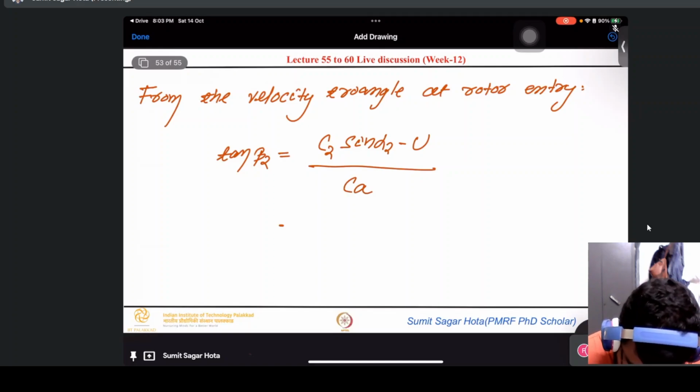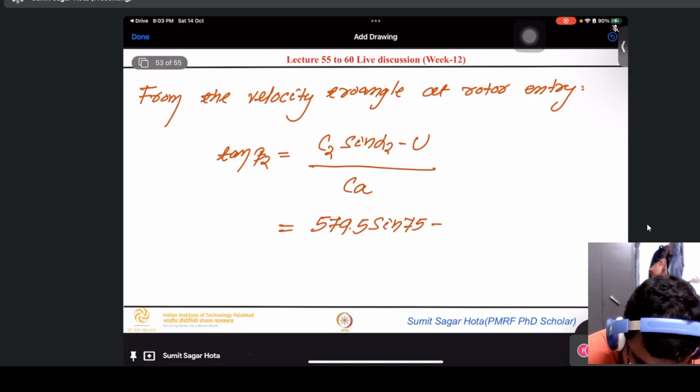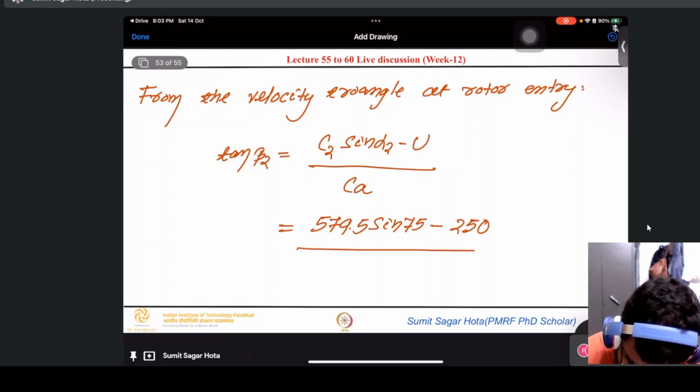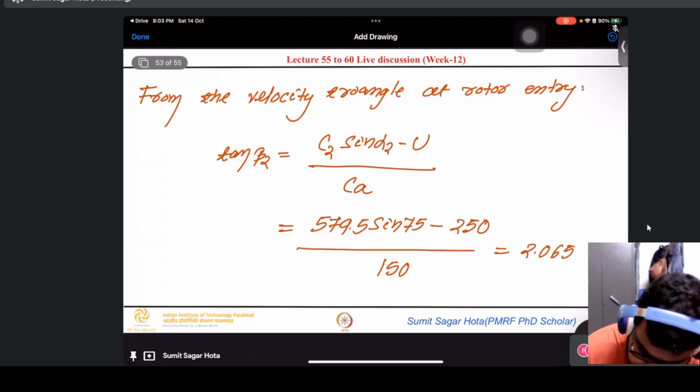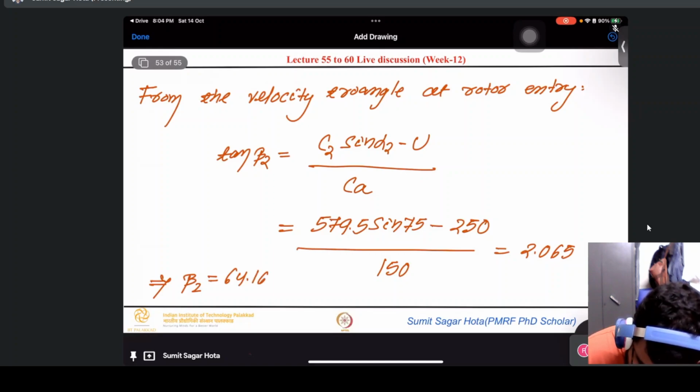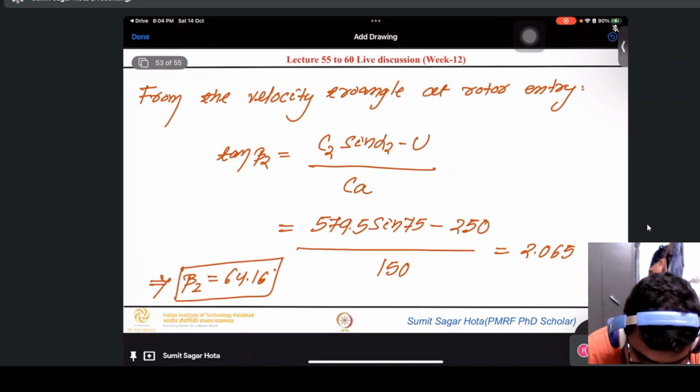Substitute all the values: 579.5 sin 75 minus 250, divided by 150. The value will be 2.065. Beta 2 is 64.16 degree.